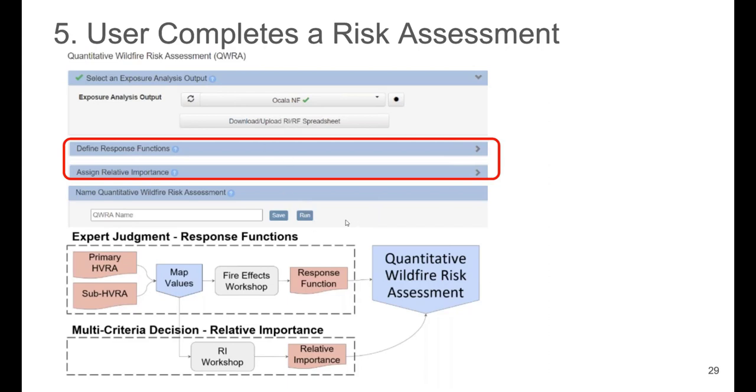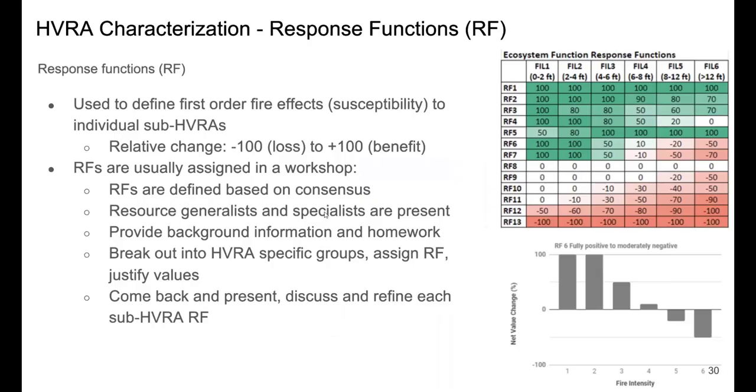So to dive into this a little bit deeper, let's talk about what these things are. I'll show you what the interface and the application look like in a minute, but the response functions tie back to where we talked about the proportion of flame length calculation in the landscape burn probability.